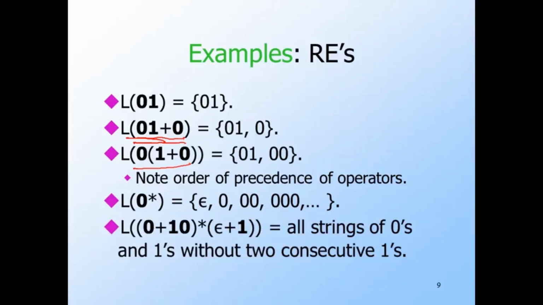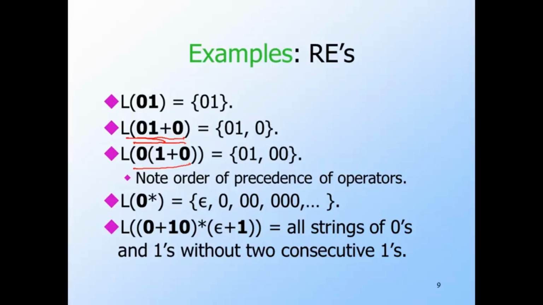Here's a little more complicated example. It denotes the language that we've been playing with when we talked about automata, that is, all strings of zeros and ones without two consecutive ones. To see why this works, in every such string, that is any string in the language, each one is either followed immediately by a 0 or it comes at the end of the string.